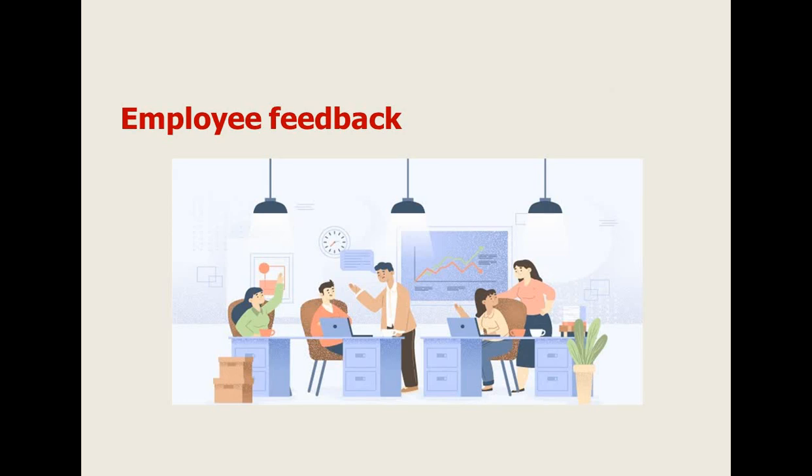Next one is employee feedback. Employees who reach the people will receive the feedbacks directly, right? So they can discuss with the group of people in the organization itself and get the information from their employees.